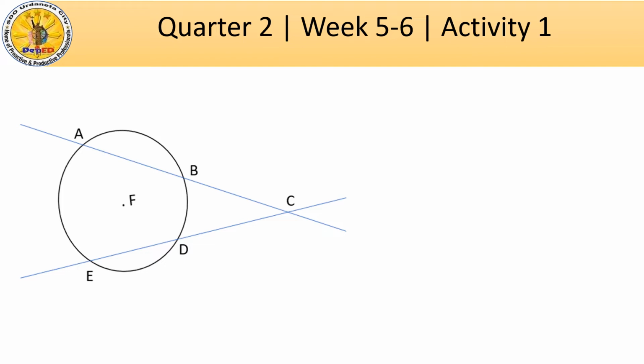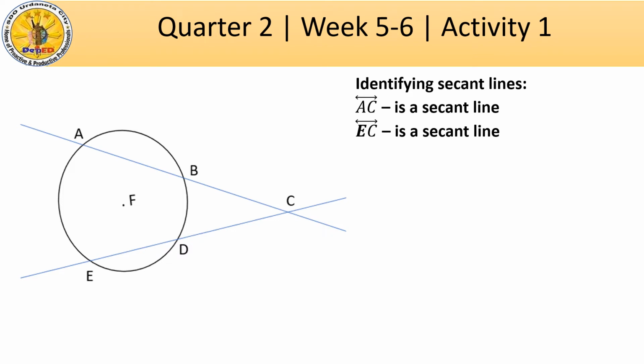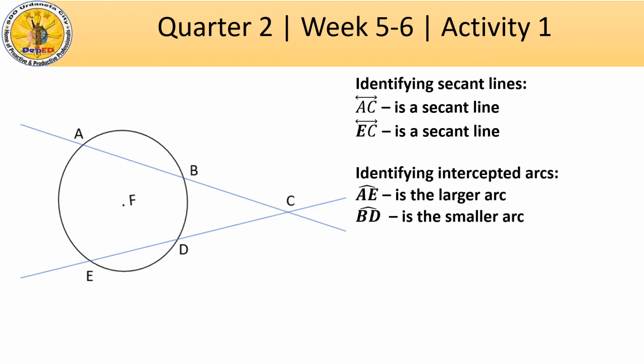Now, two secant lines intersect in the exterior of a circle, where line segment AC is a secant line, line segment EC is also a secant line, and AE is the larger arc, and BD is the smaller arc.